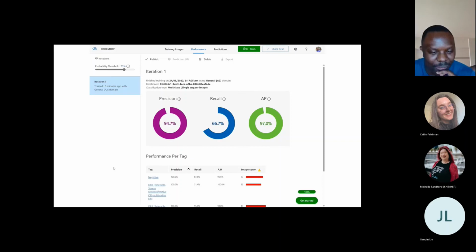I cut off a bit, but you can see that I have certain warnings. Under the negative, my precision was 100, recall was 87.5, and this red bar here is telling me that I don't have enough images. They say you need at least 50, and I think we can understand why you need a high amount of images.